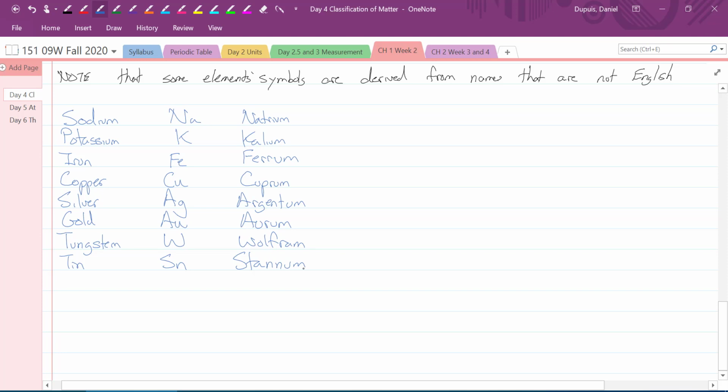All right. We got 3 more. Antimony, lead, and mercury. Antimony is Sb, lead is Pb, and mercury is Hg. So Sb stands for stibium.